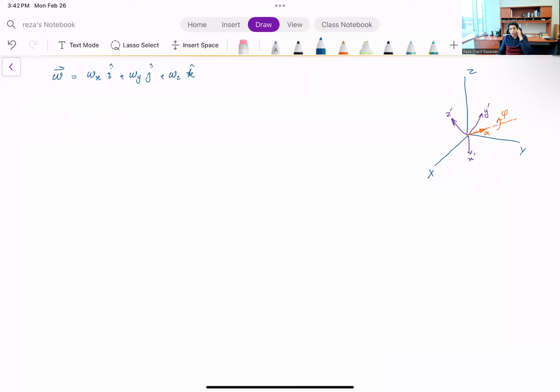So these are the components of angular velocity in the body fixed frame along the little ijk. Because the body continues to rotate, possibly the axis is also changing through space, and the angle that goes with it also changes. So we have both A and phi changing with time as the frame continues to rotate.